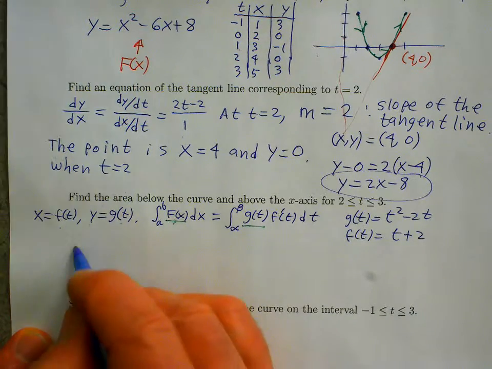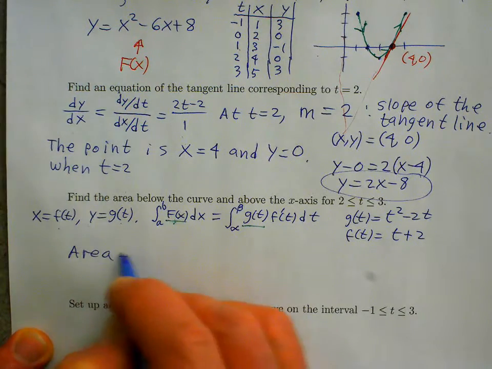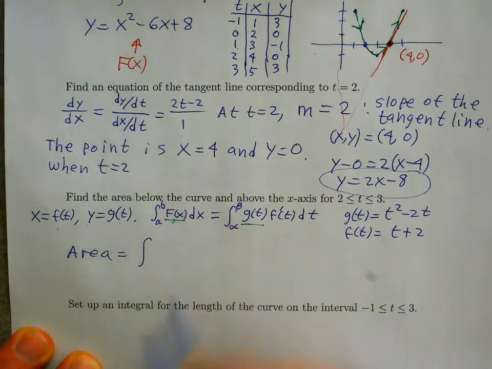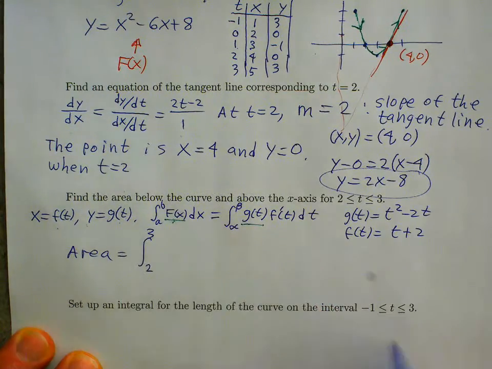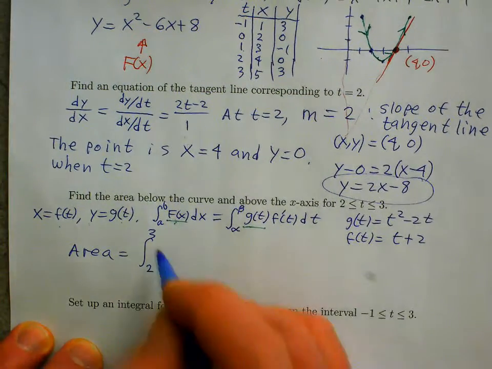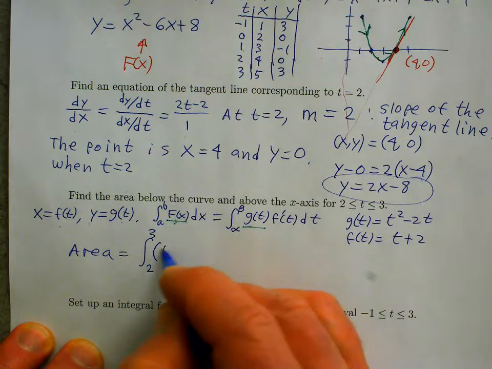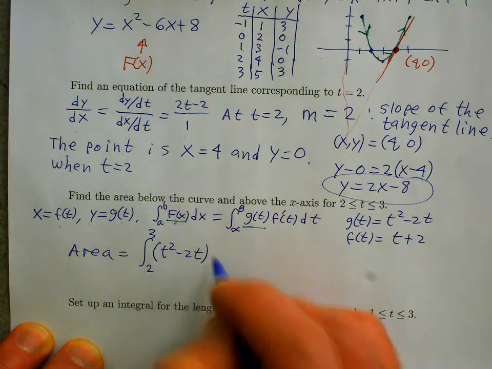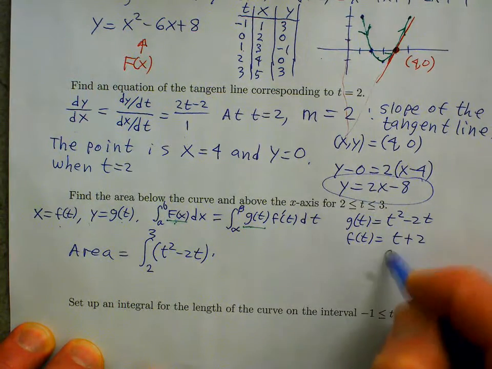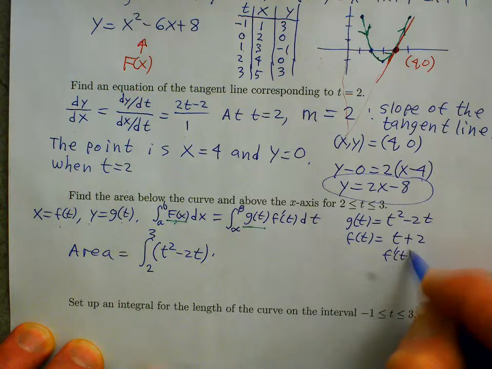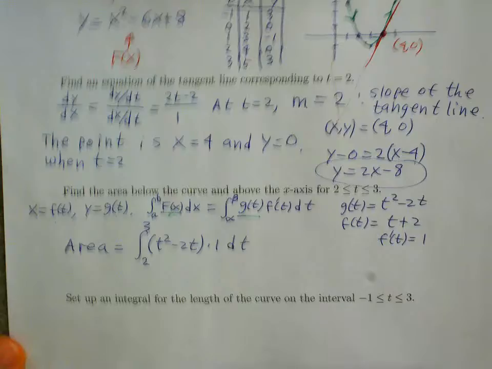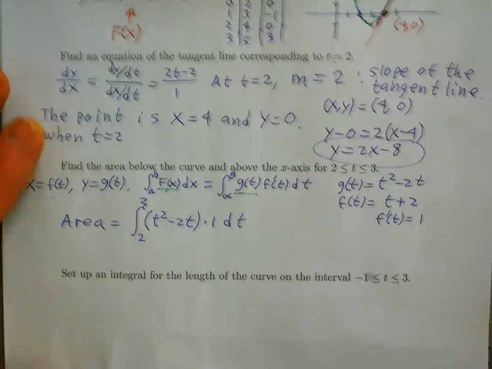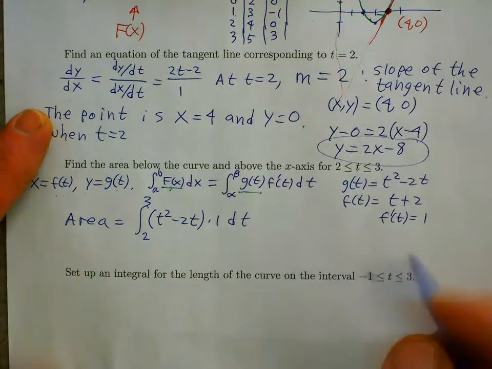So the area that we're looking for, the definite integral from t equals 2 to 3 of g of t, t to the second minus 2t, times f prime of t, which is just 1, dt. So that's a pretty simple integral to evaluate.